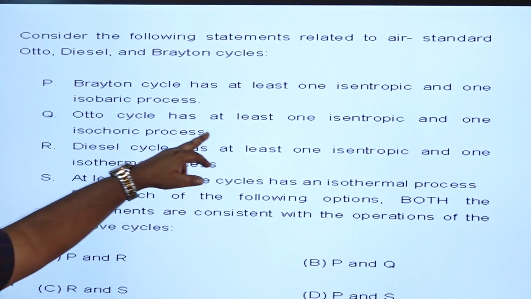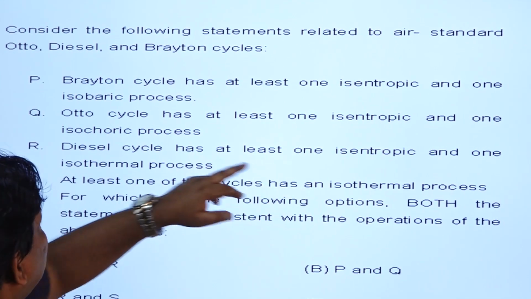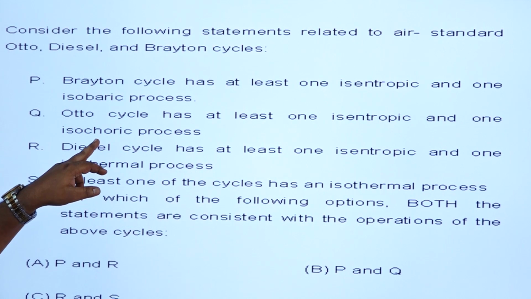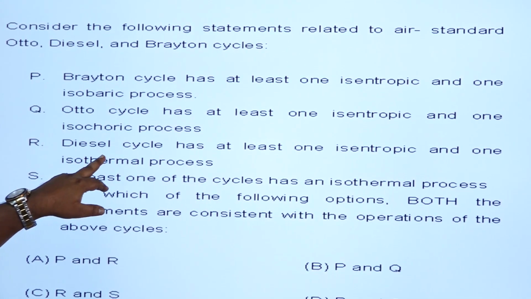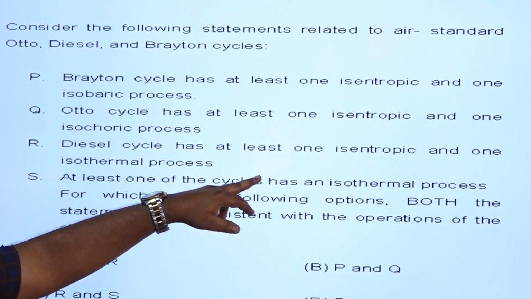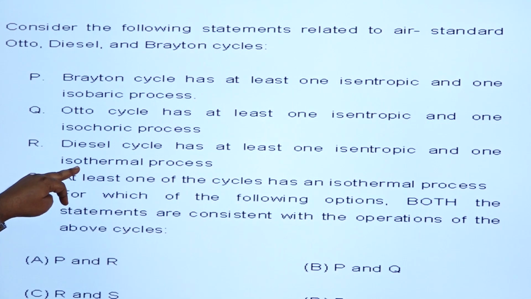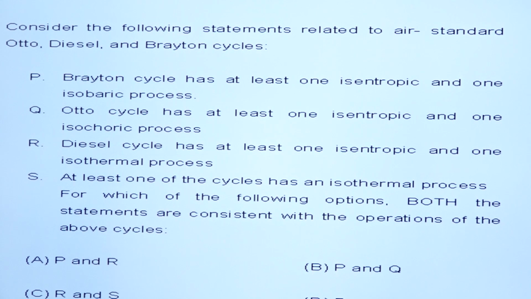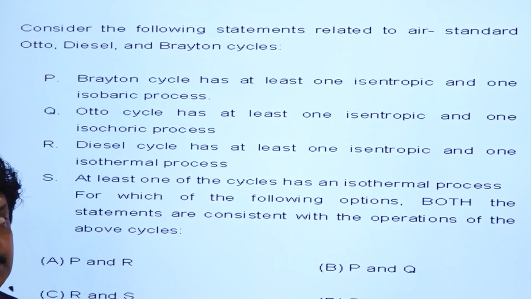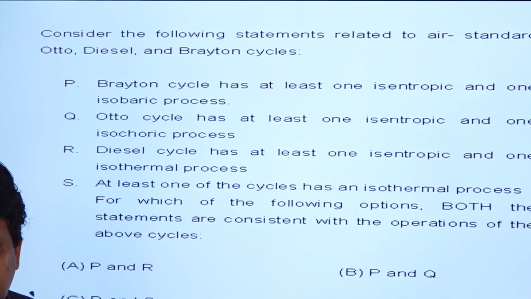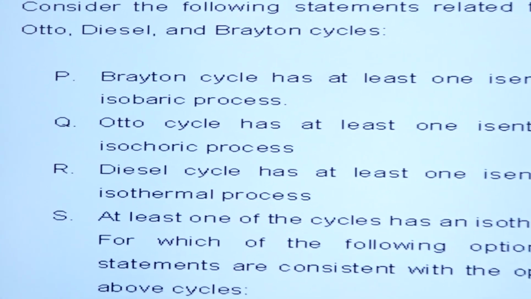Otto cycle has at least one isentropic and one isochoric process, that is, a constant volume process. And diesel cycle has at least one isentropic and one isothermal process. So do you have an isothermal process in the diesel cycle? No, we don't have anything.